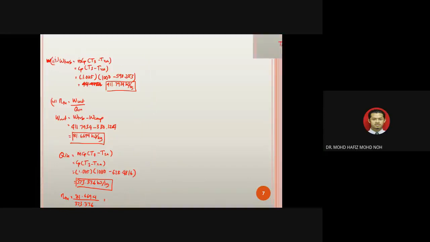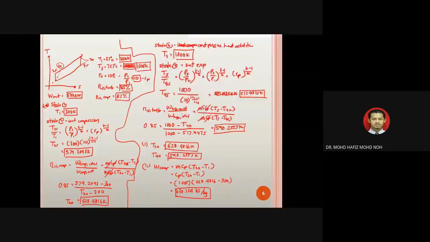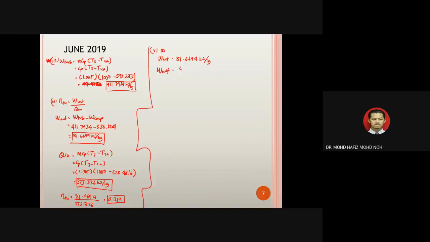And then the last question requests you to calculate the mass flow rate of air through the cycle. On number 5, the mass flow rate. So basically, you got the W net as 81.6694 kilojoule per kg. Given the value of W net is 50 megawatt.